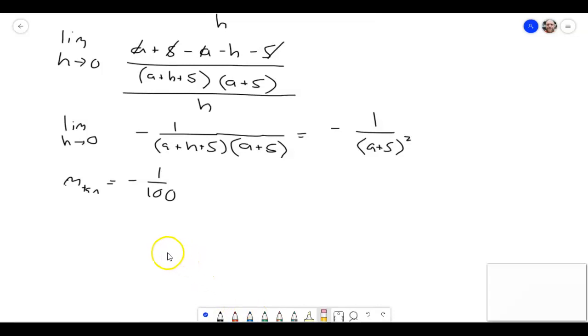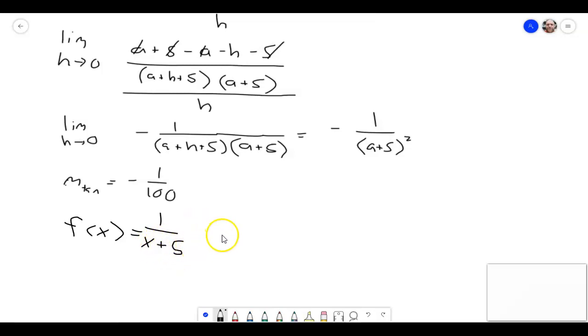All right, so we need to remember that the original equation was f of x is equal to 1 over x plus 5.